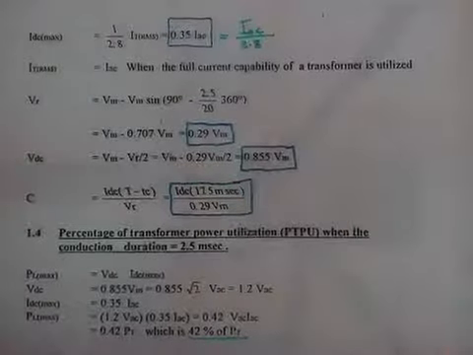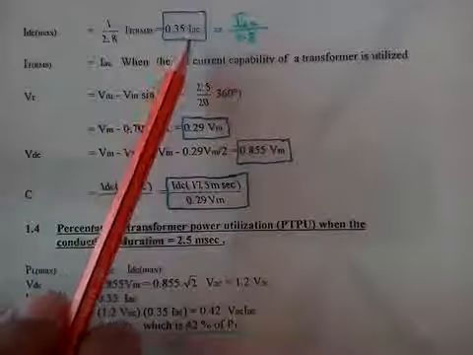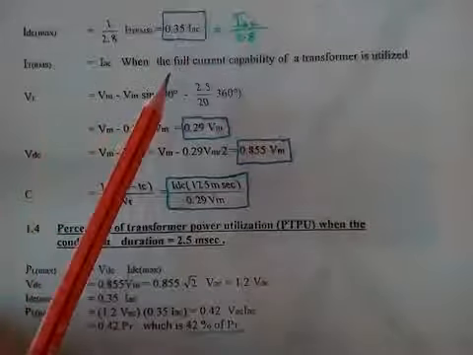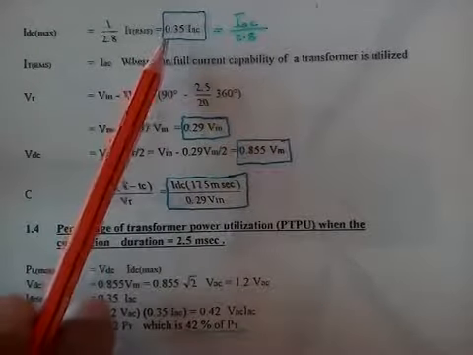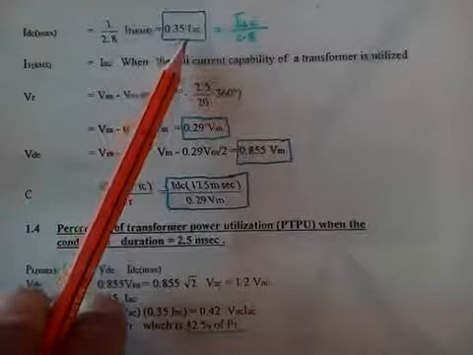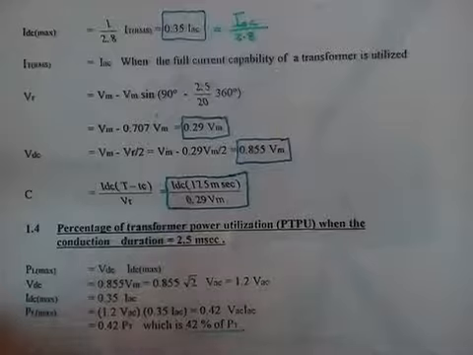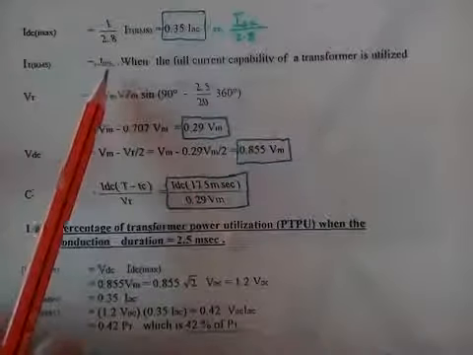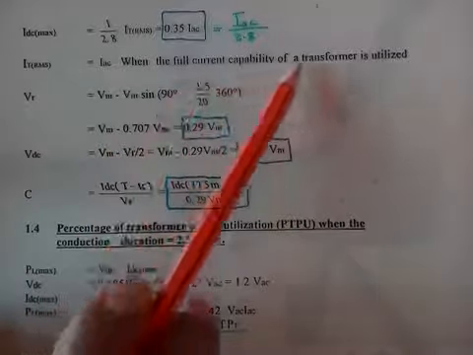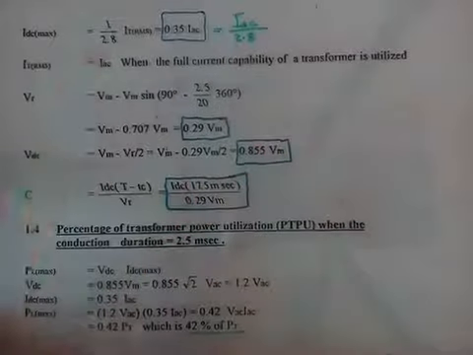And in this case, the IDC max would be equal to 0.35 of the IAC. So you can't have more than 0.35 of whatever is written on that in your transformer when you use that cap. The ITRMS equals the IAC when the full current capability of the transformer is utilized. That's not the case, of course. Like we said, we got only 0.35 of it.